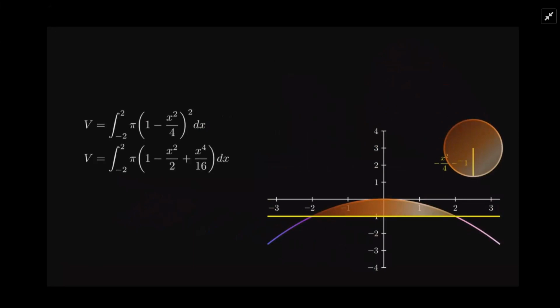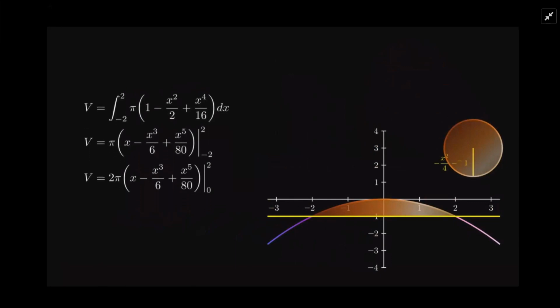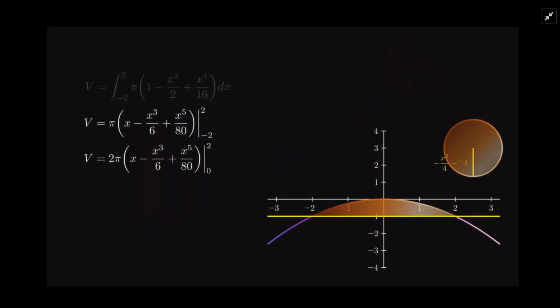We're going to go through the algebra here. Now you should do this on your own on paper, just to verify this. Check my work. There's the integration. And now let's notice that this is symmetrical, so we can go from 0 to 2 and double that. So there's the 2 pi that's doubled, and we're just going to evaluate it from 0 to 2, which makes it a little bit easier.